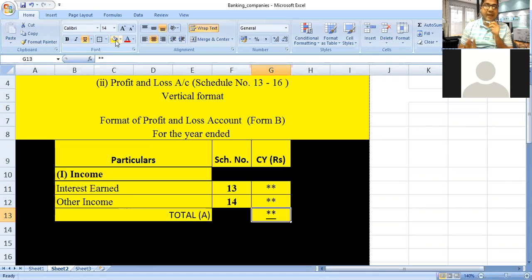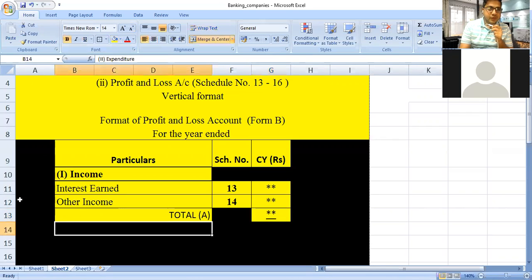Now it is a banking company, so you have to consider what kinds of income a bank can earn. We will consider the banking point of view, not the customer point of view. We are the bank and we are earning the interest and the other incomes. What kinds of interest and other incomes we earn, that we are going to learn.